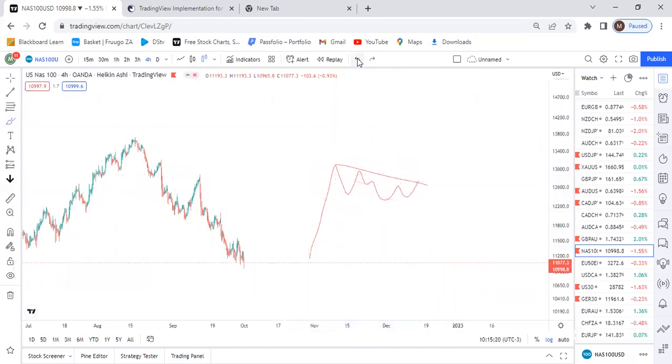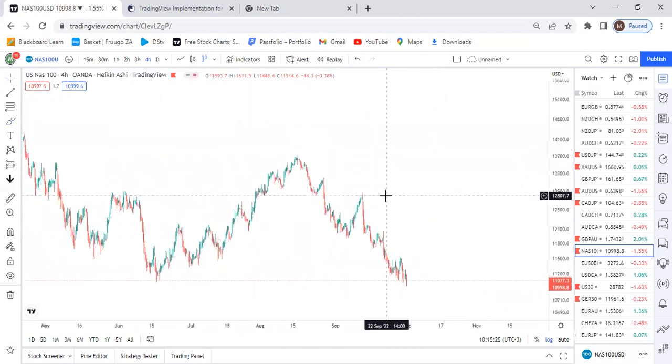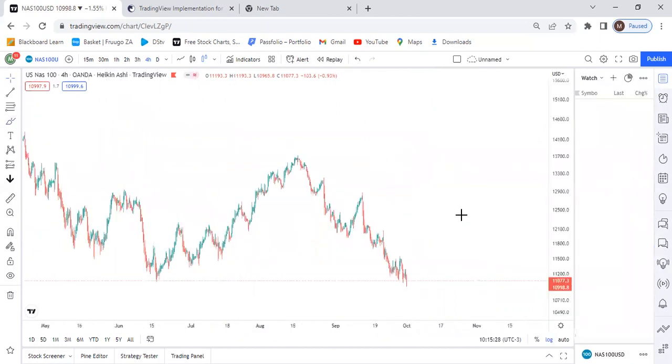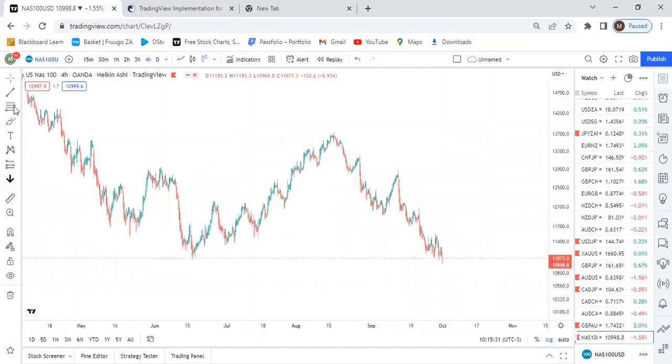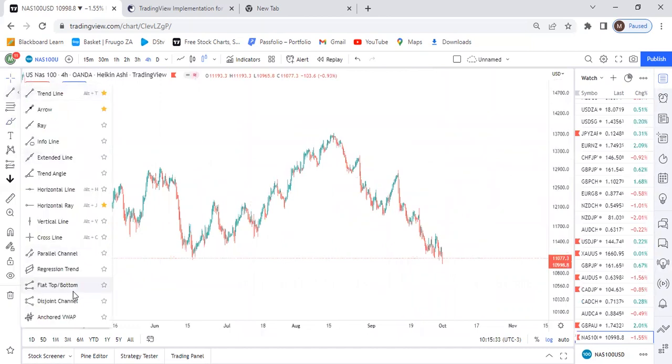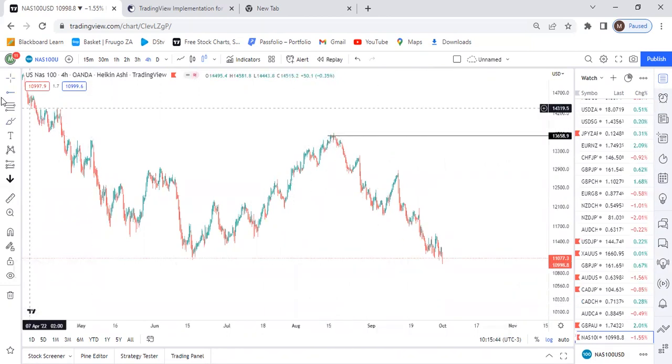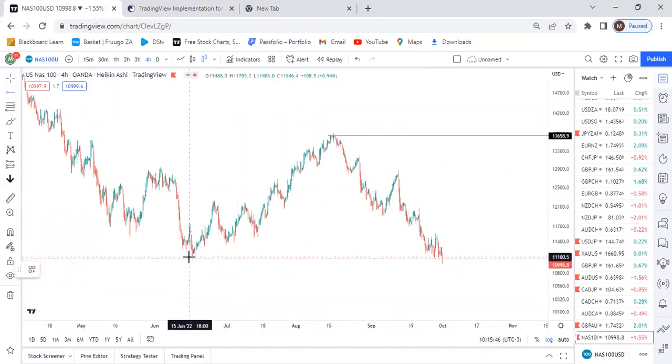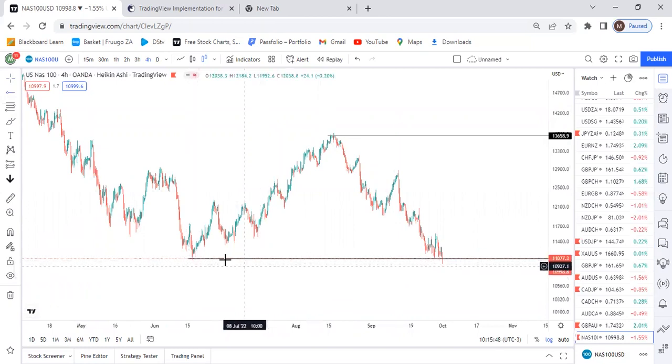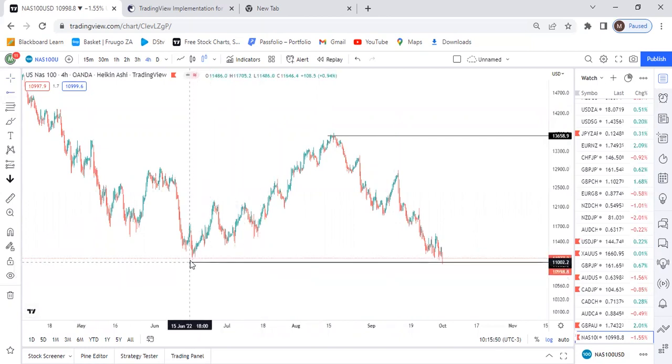Okay, sharp. So I'm in the 4 hour time frame now, and the first thing that you usually do is get your highest highs and your lowest lows. Previously this was our highest high, and it ended like a double bottom at the lowest low.